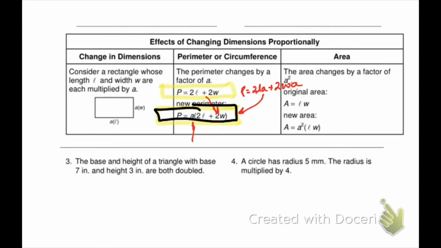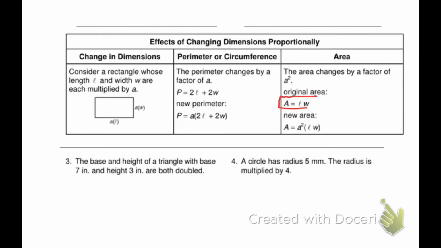What about the area? Well, the area is my original area, length times width. The new area, same thing. The new area would be length times a new factor of a, multiplied by a, the width times a.